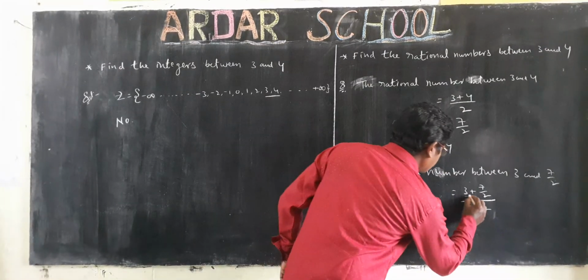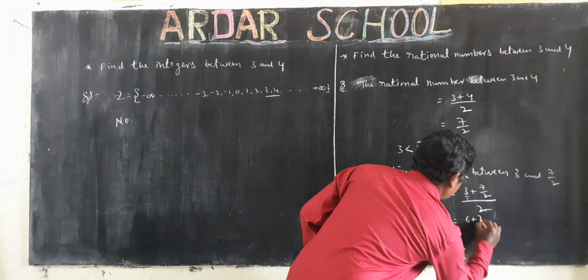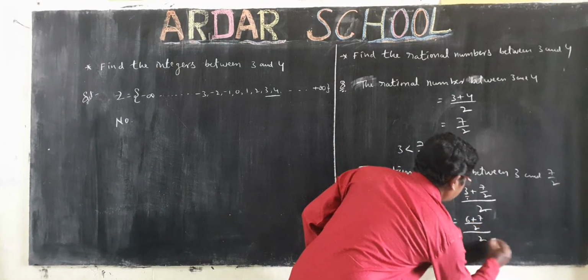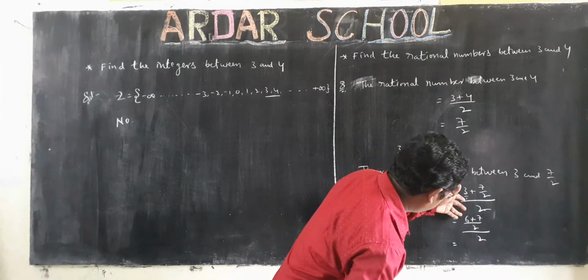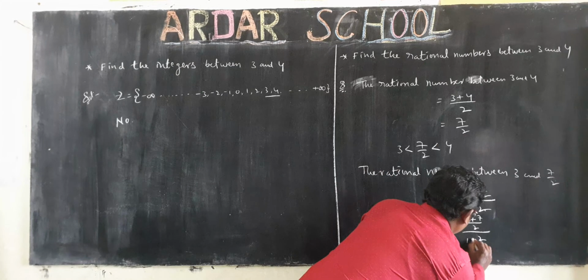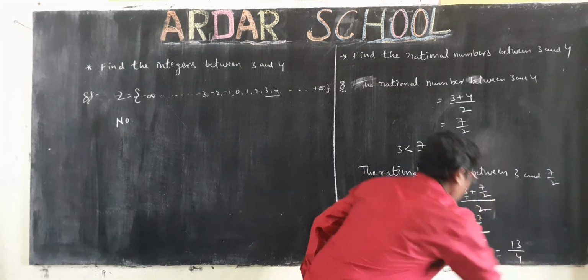Here the denominator is 1, so take the LCM. (6 plus 7) by 2, all by 2. That is, 6 plus 7 is 13, so 13 by 2 by 2, which is equal to 13 by 4.